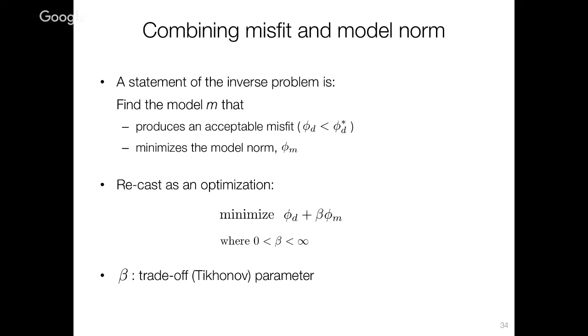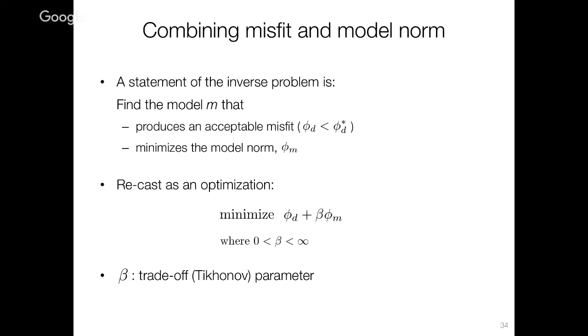So then there's a question of how to do that. Well, we're going to recast the inverse problem as an optimization problem, where we actually minimize the sum of these two. So we're going to minimize a phi, which is equal to misfit plus beta times our model objective function. And beta is a trade-off parameter, sometimes called a Tikhonov parameter.